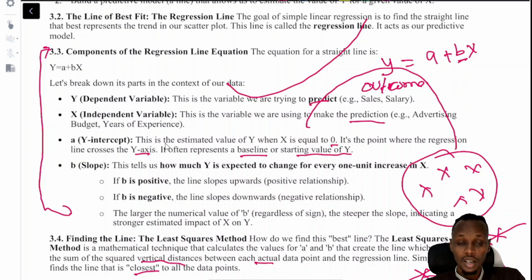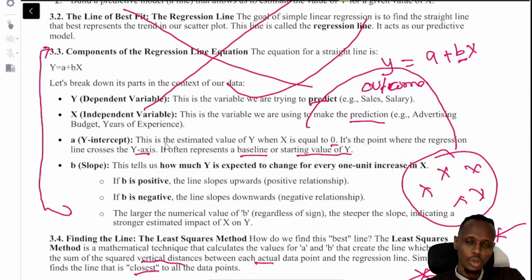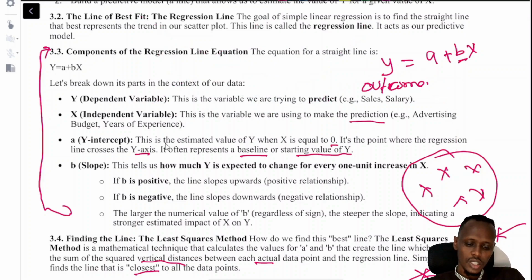The larger the numerical value of b, regardless of the sign, the steeper the slope. So depending on where your x and y axes are, the steeper the slope.